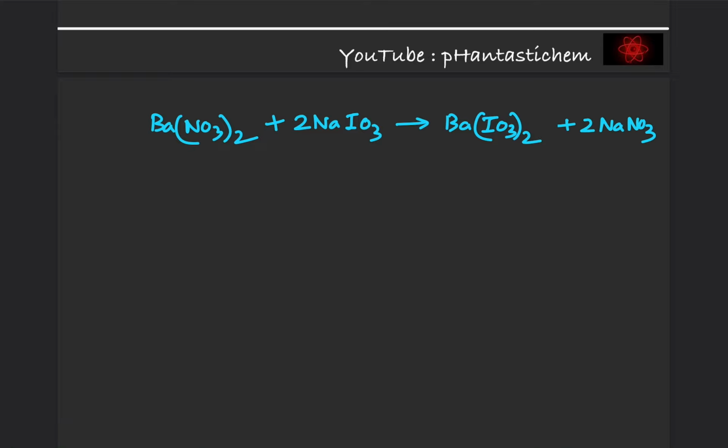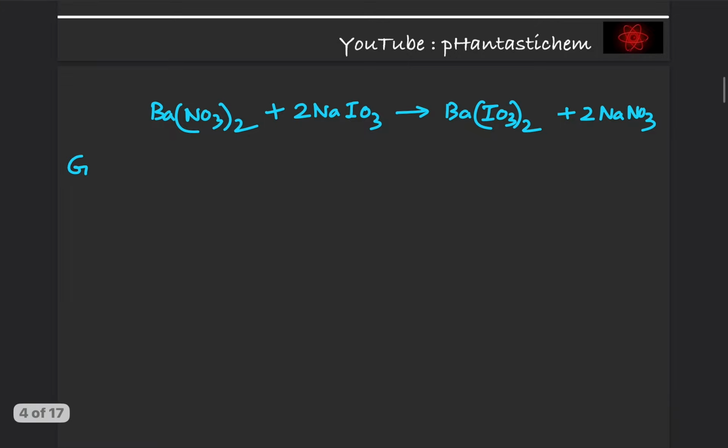This is the balanced chemical equation. And we have 0.002 moles of barium nitrate and 0.01 moles of sodium iodate. According to stoichiometry, 1 mole of barium nitrate needs 2 moles of sodium iodate, right?